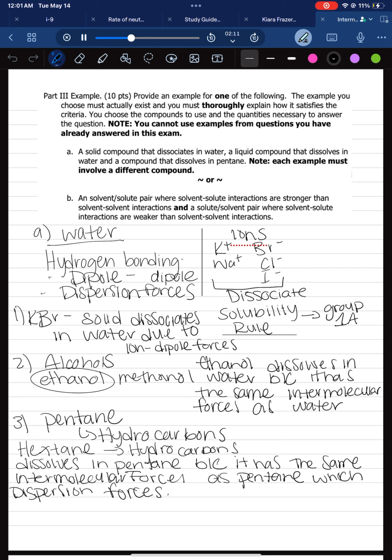For our third example, we need to find a compound that dissolves in pentane. Pentane is a little different. It contains hydrocarbons, and it only has one intermolecular force, which is dispersion forces. So, when I think of pentane, I think of all the other compounds that end in A-N-E, ane.